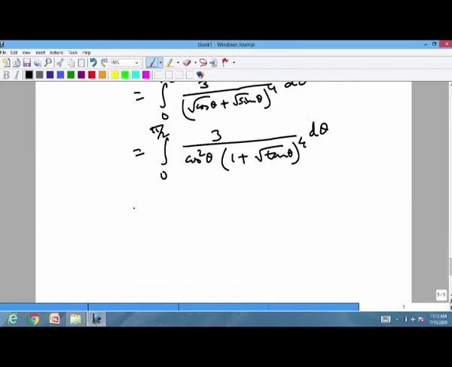So, now we got tan theta and I can bring in the numerator 3 secant square theta by (1 plus root tan theta) raised to power 4 d theta.